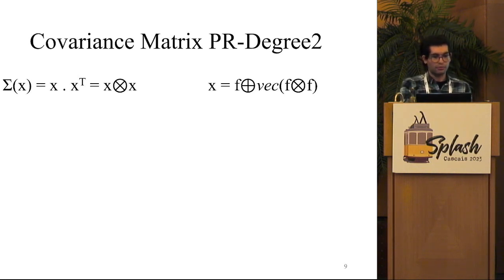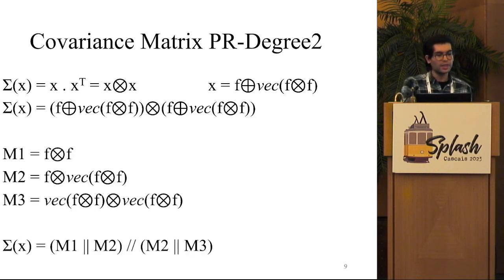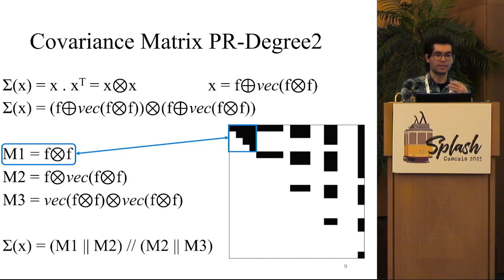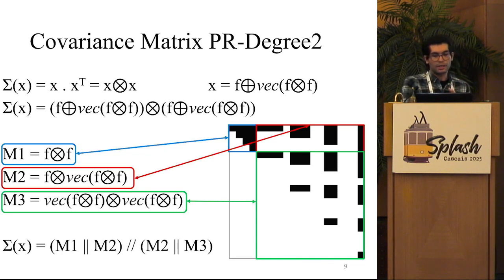And we just replace this value in the formula, and we can see that we only need to compute M1, M2, and M3 to capture all the elements. M1 corresponds to the top left part, M2 is the rectangle on top right, and M3 is the square on bottom right. And the rectangle in the bottom left is basically equivalent to M2, because covariance matrices are technically symmetric. So as long as we have a redundancy map, we're good to go.